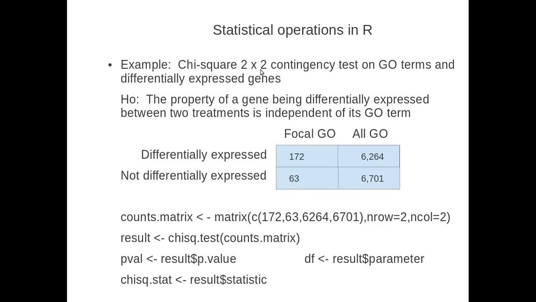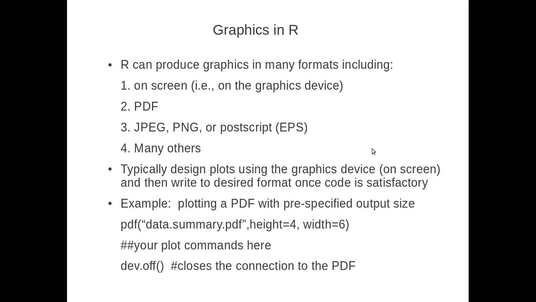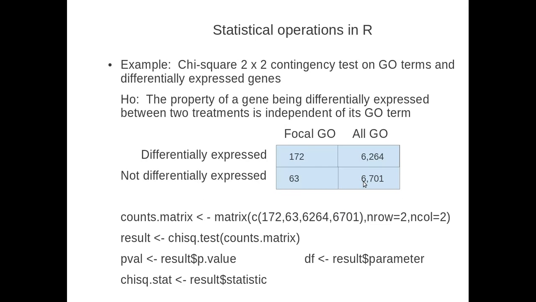Notice here that for a 2x2 contingency table, we input a matrix into the chi-square.test function. It requires a matrix. A matrix is simply a vector. Notice the values 172, 63, 62, 64, 6701 here in a linear vector, but then we just apply dimensions to the vector.